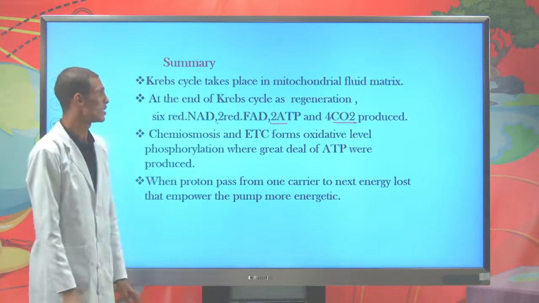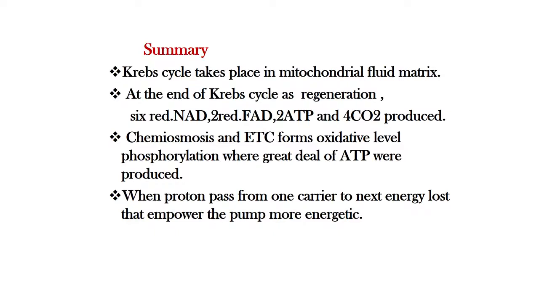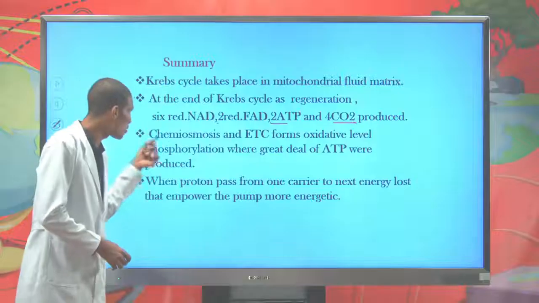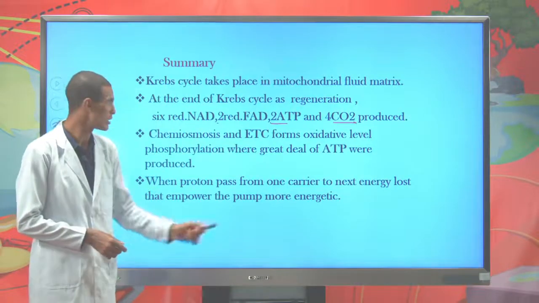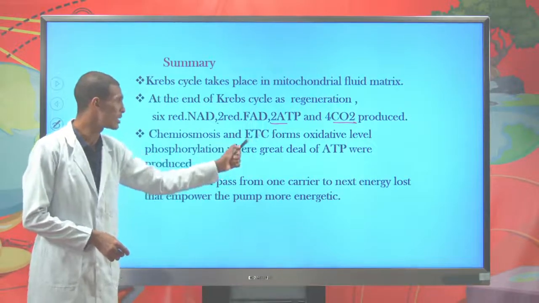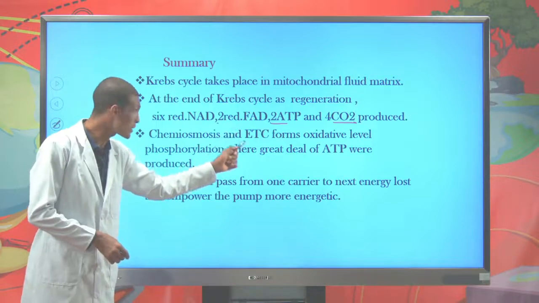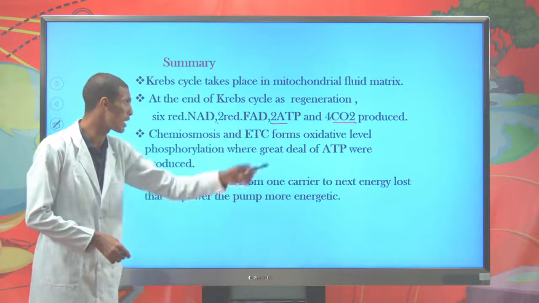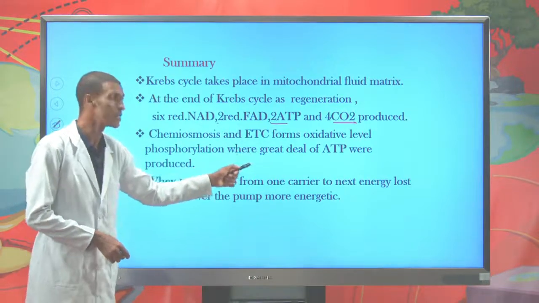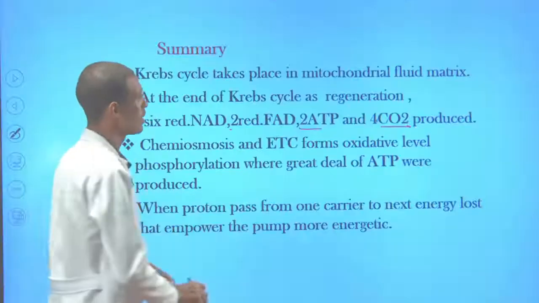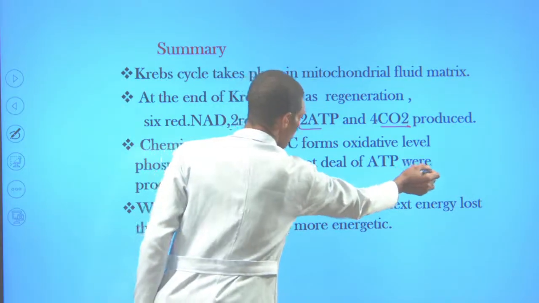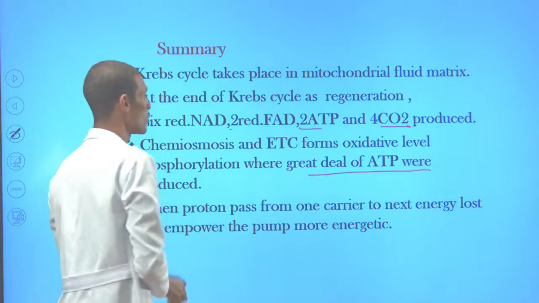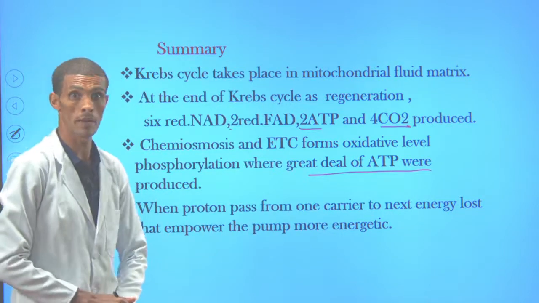And then again, oxidative phosphorylation includes both chemiosmosis, the passing of protons through ATP synthase, and the electron transport chain, the jumping or transfer of electrons from one carrier to another, which is a great reason for production of enormous ATP, which takes place in the mitochondrial inner membrane.